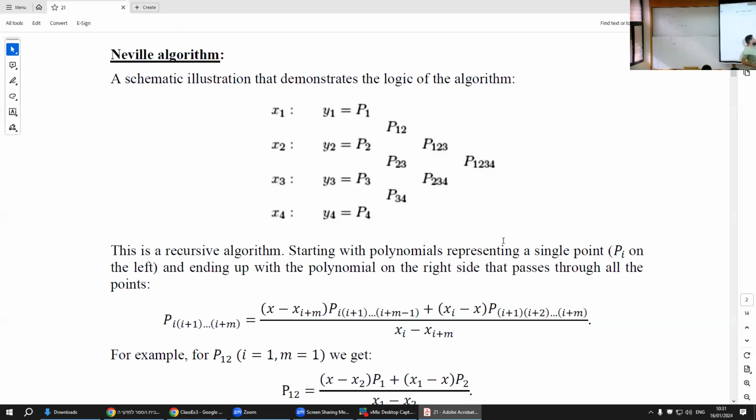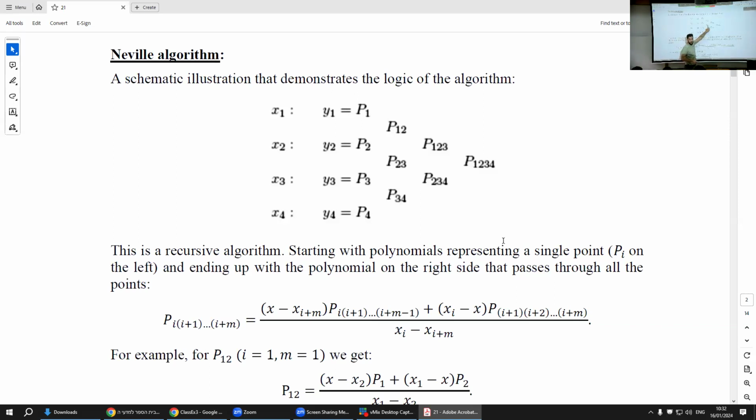How do I build this polynomial from the polynomials before? It somehow goes with the same idea. For example, I want to build this from these two. If I take this, which takes care of x2 and x3, I want that when x equals x4, this is not counted.